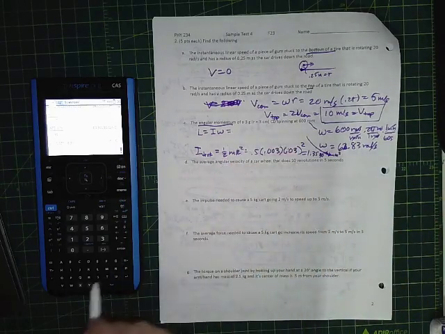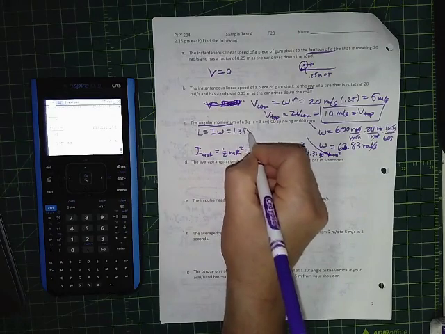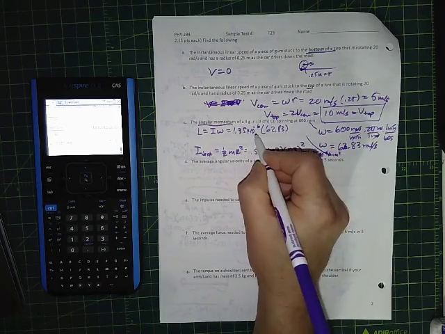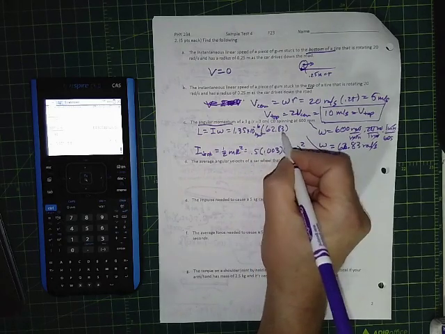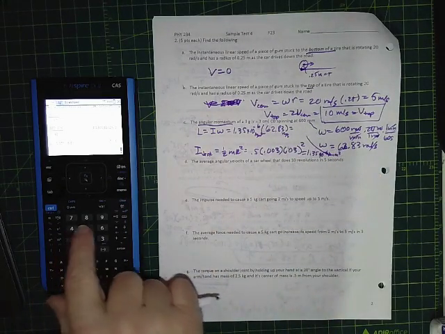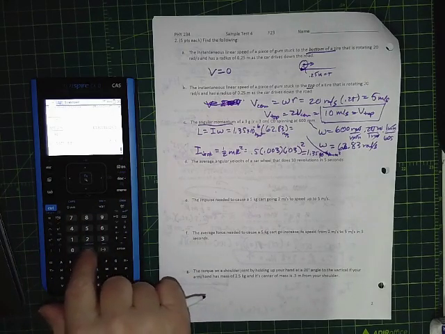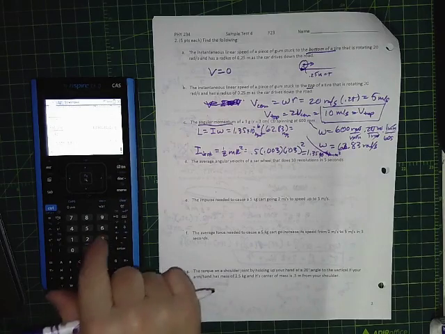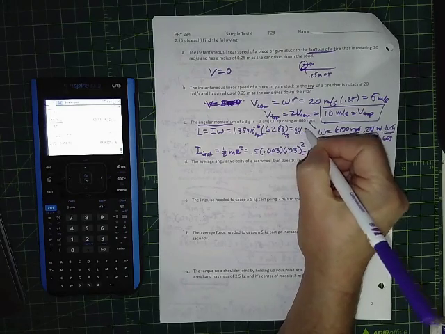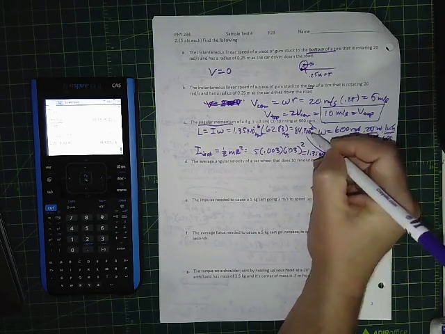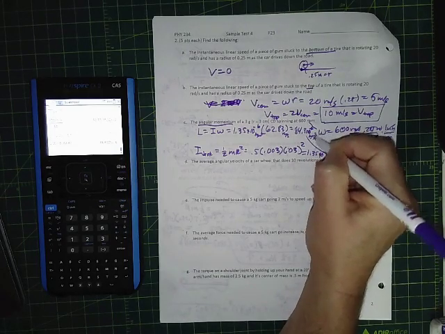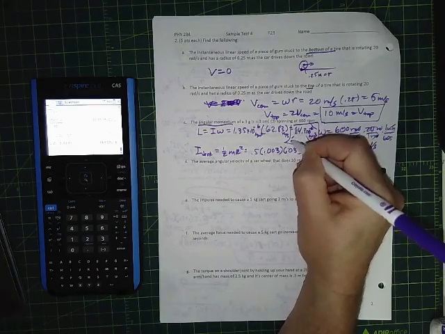So the angular momentum is 1.35 times 10 to the negative 6 times our omega, 62.83, which gives 84.8 times 10 to the negative 6 kilogram meter squared per second. Lovely units, but it works.